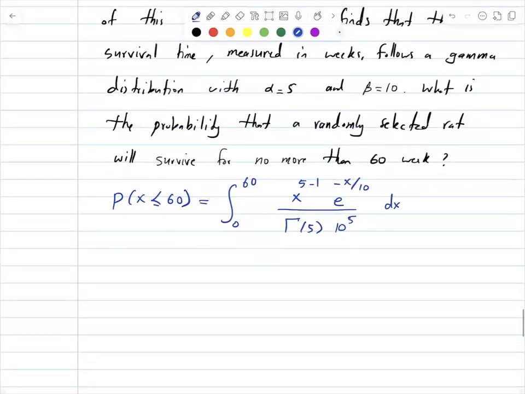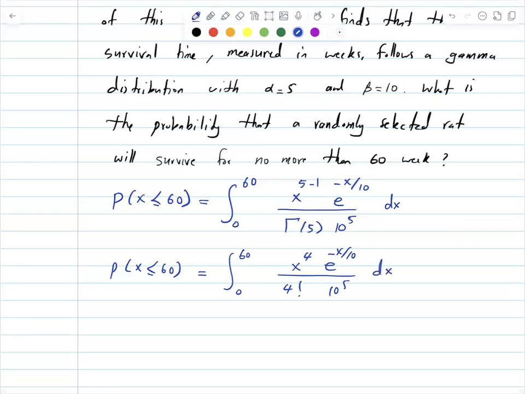But as you can see here, you have a complicated integral. We prefer to use technology to calculate this integral because you get x to power 4 and e to power negative x divided by 10 and gamma of 5, which is 4 factorial, 10 to power 5 dx. What are we going to do instead?